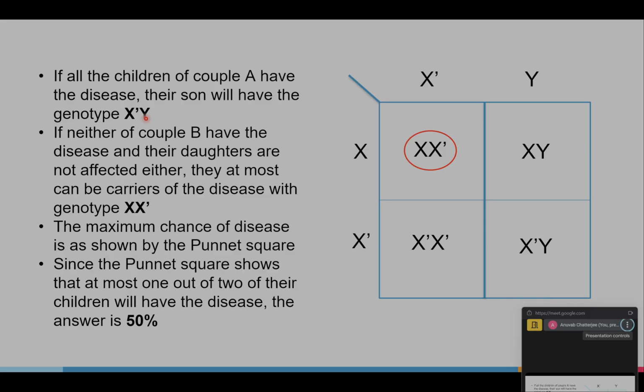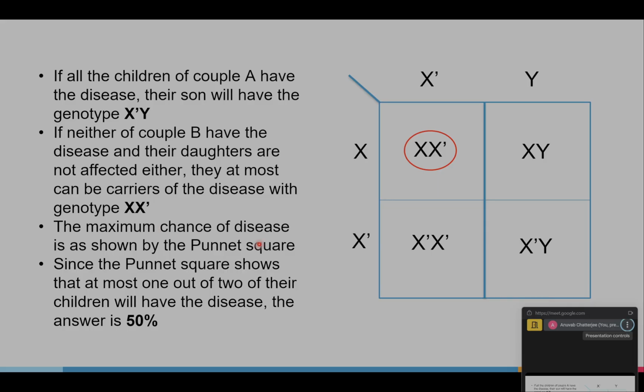If neither of couple B has the disease and their daughters are also not affected, then the maximum probability that someone will be affected can only be derived from the situation when the daughter is XX'. So she is a carrier of the disease, but herself is not affected because she has the dominant allele, which is the wild type, and she is fine.